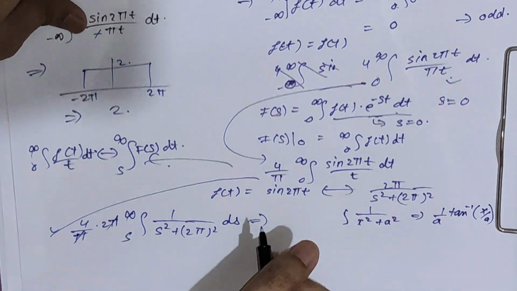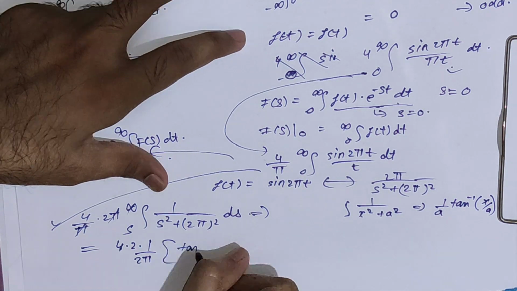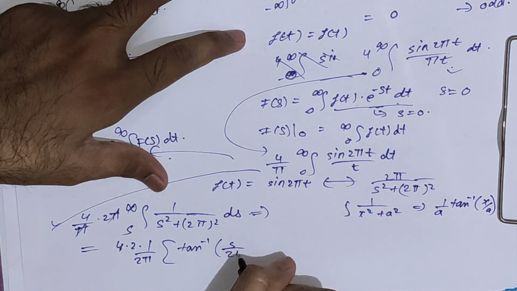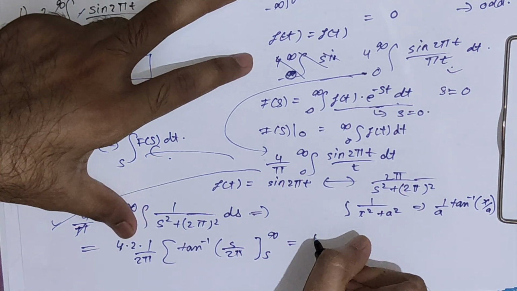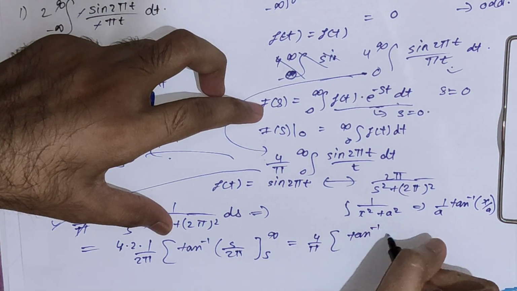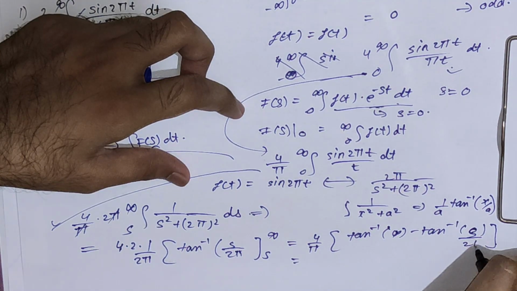So using this formula we get 4 into 2 into 1 upon 2 pi tan inverse of s upon 2 pi from s to infinity. So what we will get is 8 upon 2 pi, which will be 4 by pi, times tan inverse of infinity minus tan inverse of s upon 2 pi.